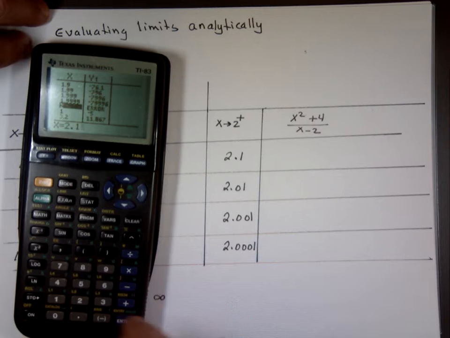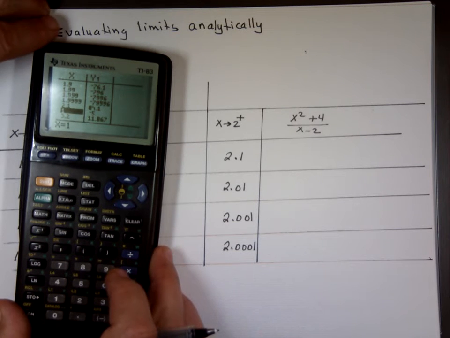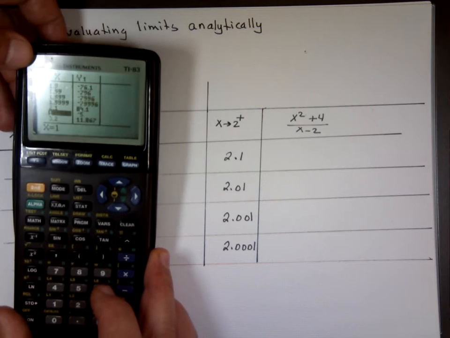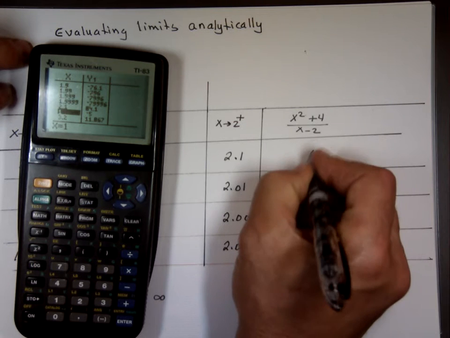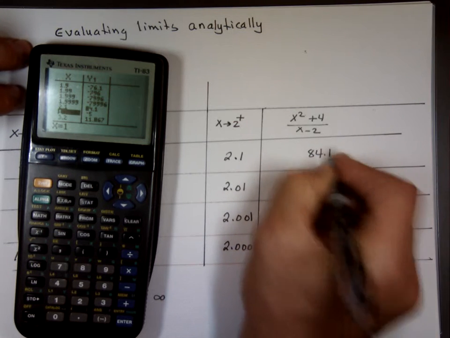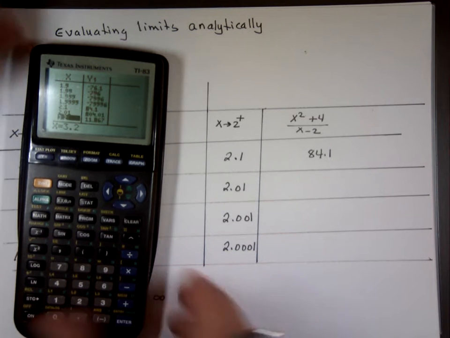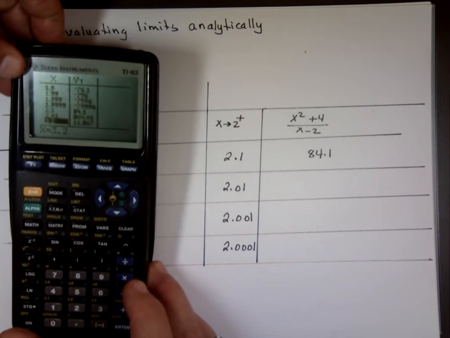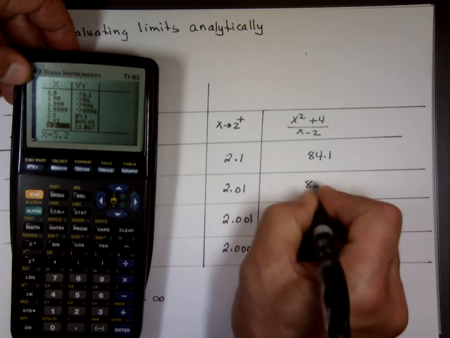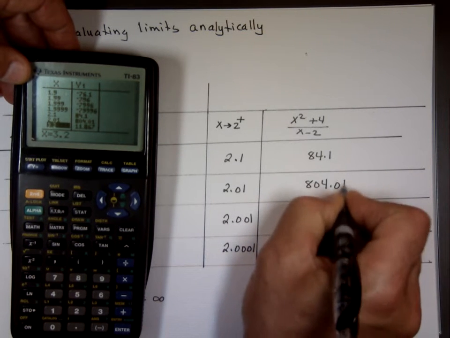For 2.1, I got 84.1. Is that what you got? For 2.01, 804.01.